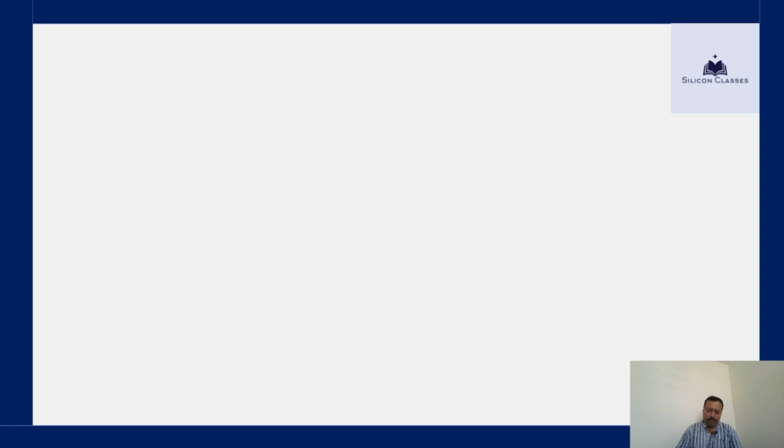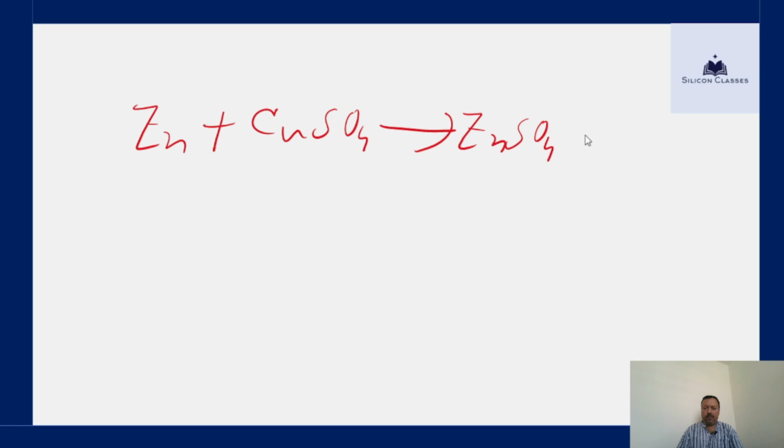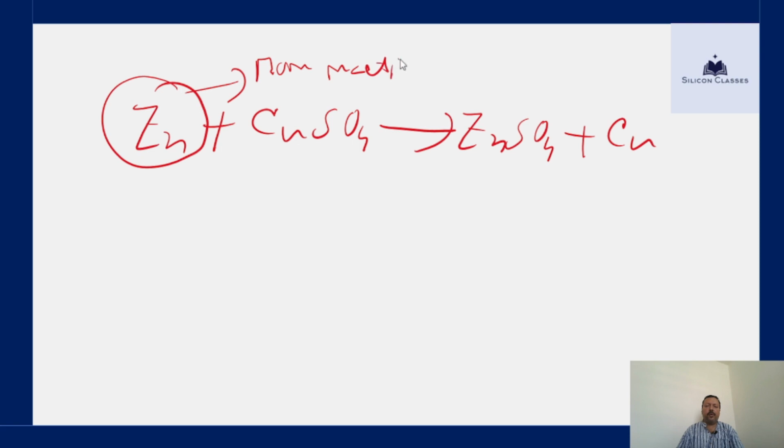We should write another equation, that is zinc plus copper sulfate. It will form zinc sulfate plus copper. Zinc here is more reactive than copper.